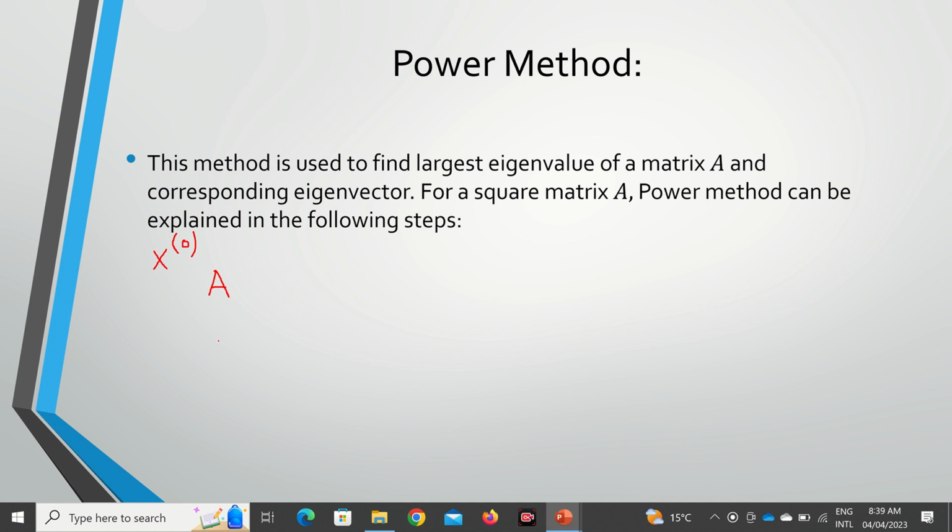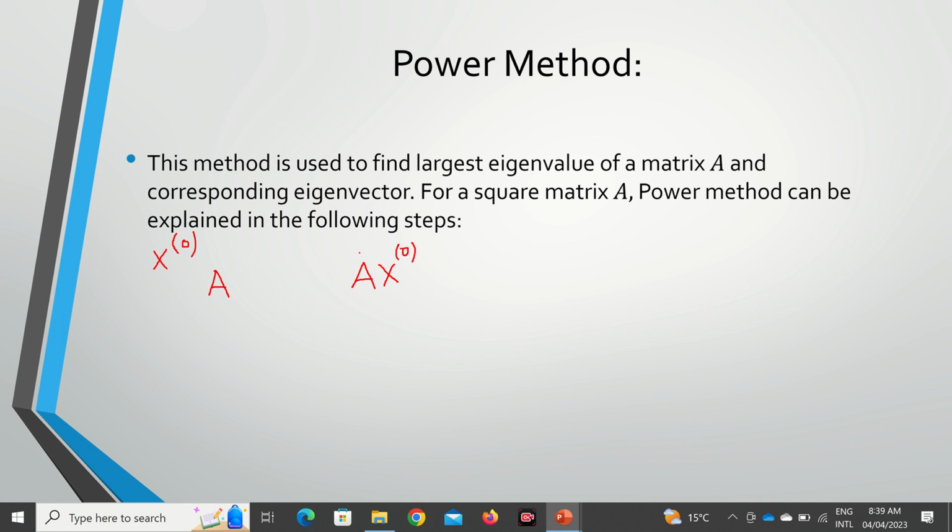You would simply compute the product of A, which is the given matrix, whichever order it is. That should be a square matrix, obviously, because you can find eigenvalues and eigenvectors of a square matrix. Okay. So you multiply this x0 with A, keeping in mind if A is of order 3 cross 3, then x0 should be of order 3 cross 1.